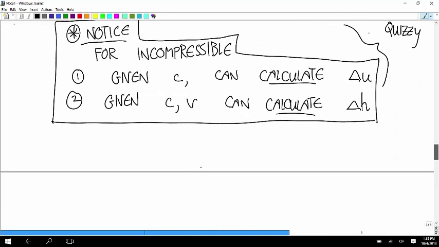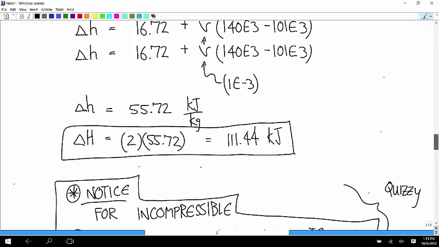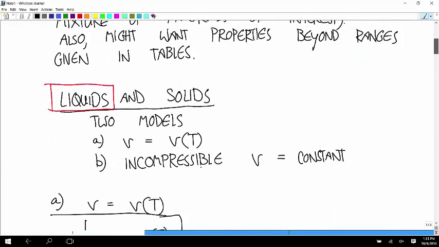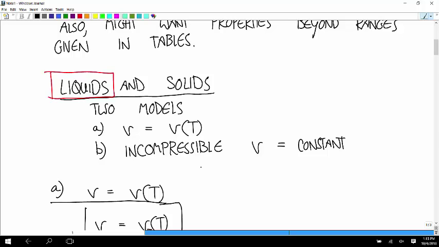Now let's talk about one that is going to be useful all the time. This is everything that we're talking about with liquids and solids. Now we're going to go to vapors.